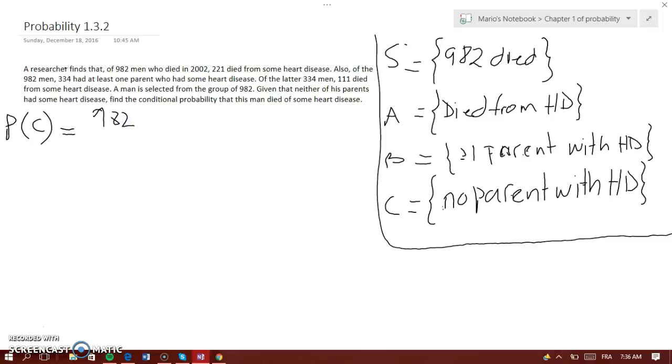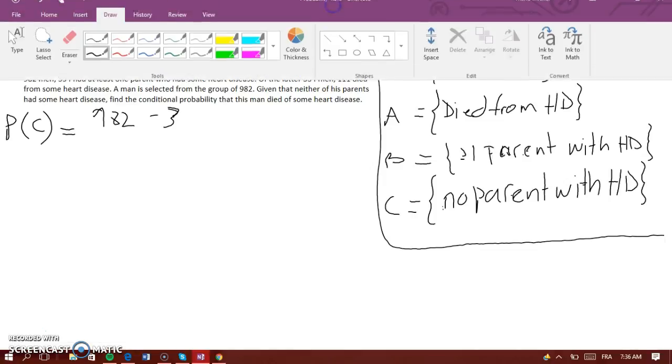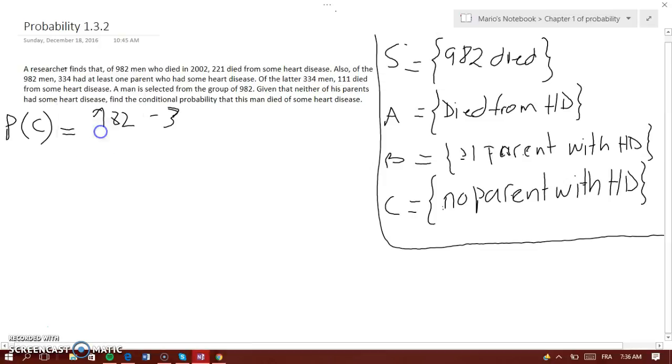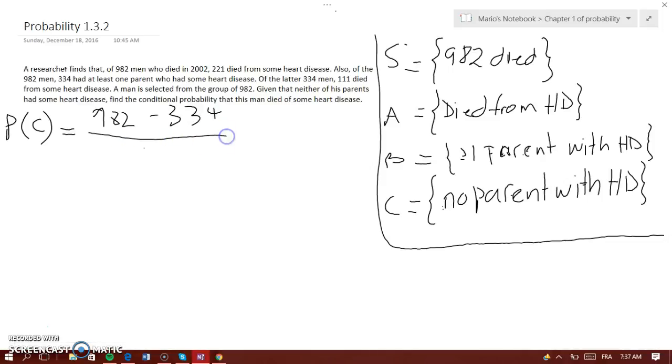but about 334 of them had at least one parent with heart disease. So the number of people without a parent with heart disease would be 982 minus 334 over 982.